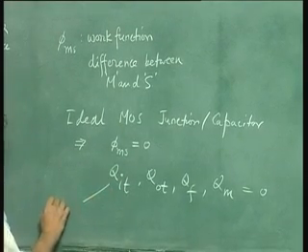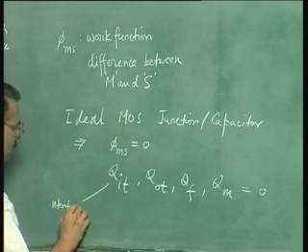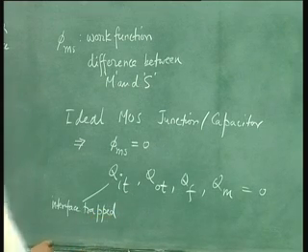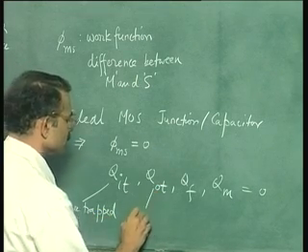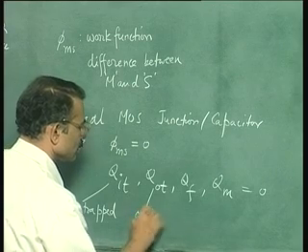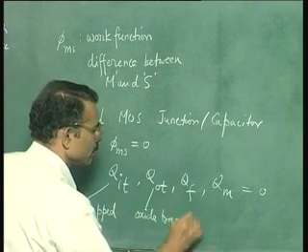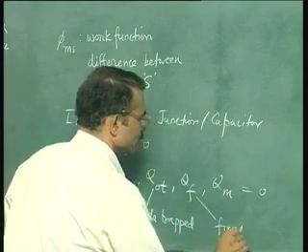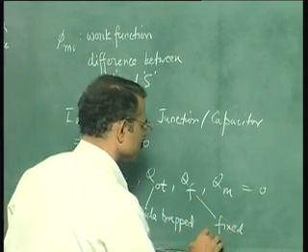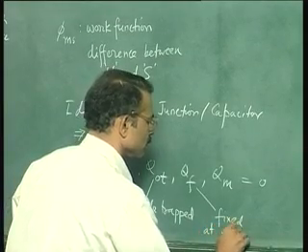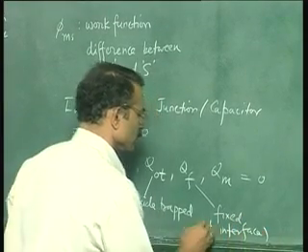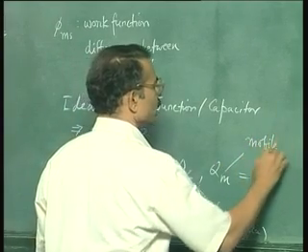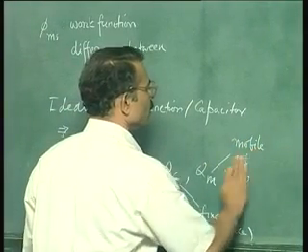So let us write this: interface trap charge, this is oxide trap charge, this is fixed charge at the interface, and this is mobile charge in the oxide.